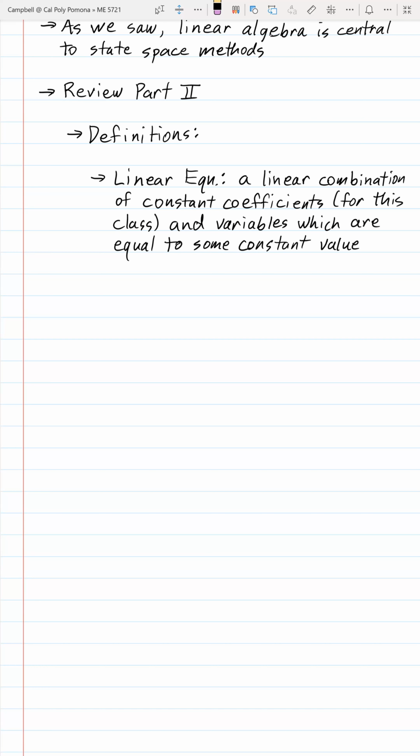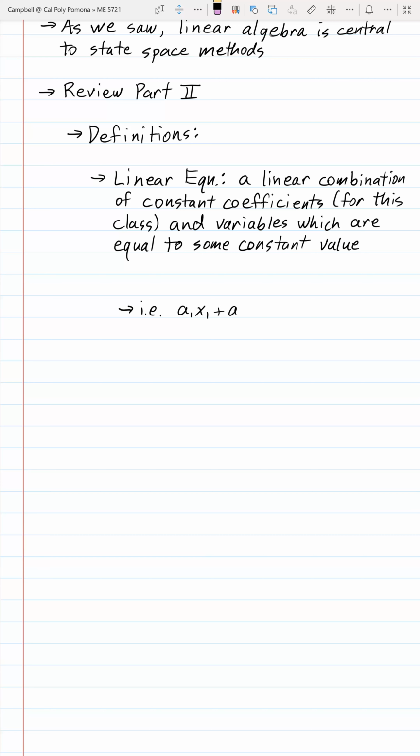Now, we're all generally familiar with the form of this kind of equation. So we have, i.e., a constant A. Here we'll say A1 times our first variable, X1.